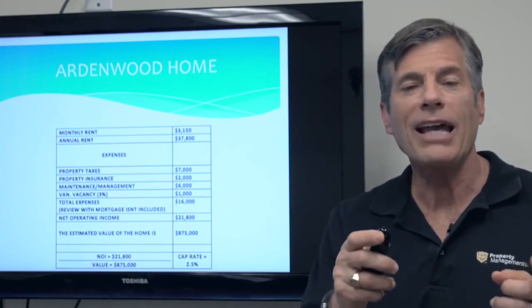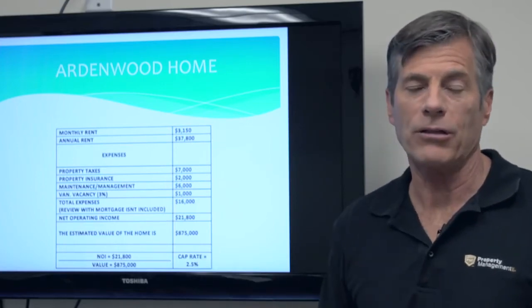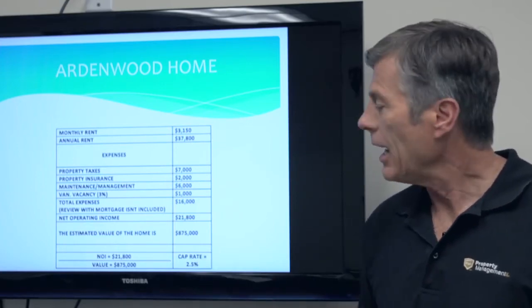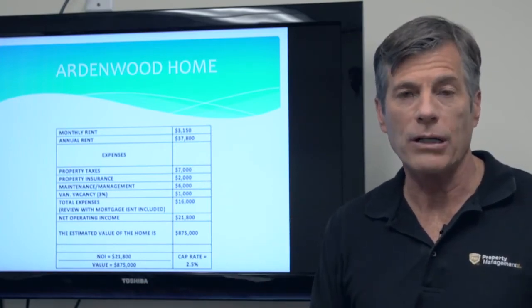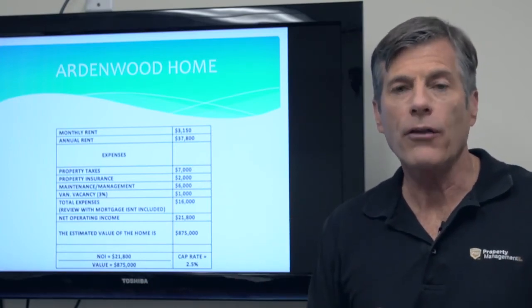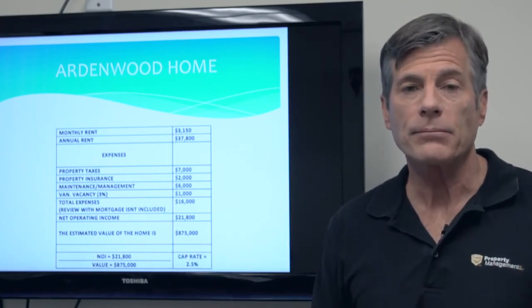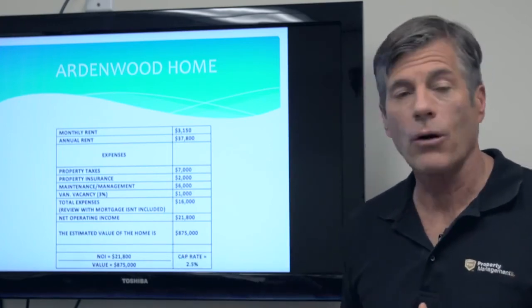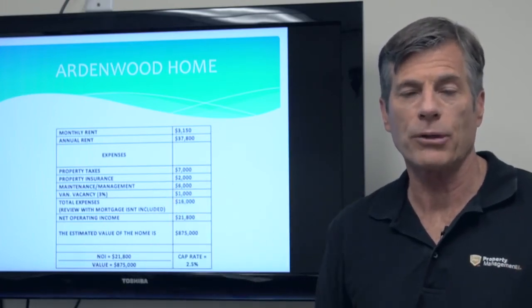Now let's just say that the owner of this home wasn't satisfied with the 2.5% cap rate, and he decided to sell the home and do what's called a 1031 exchange. That is, buy another rental property anywhere in the country. And it doesn't have to be another rental home. It could be a warehouse, it could be an office building, it could be a retail strip center.